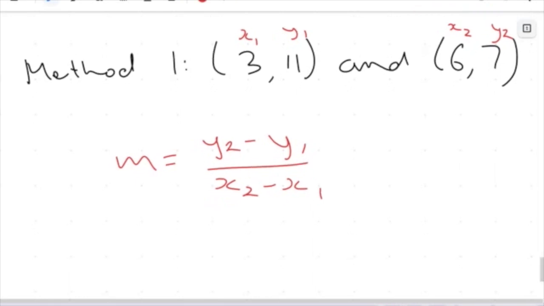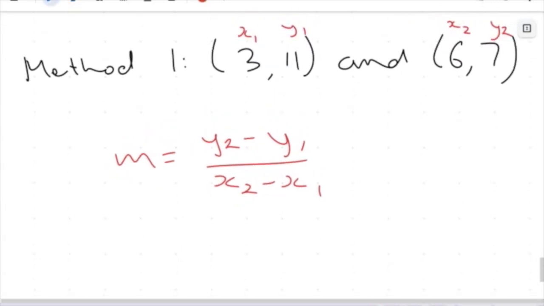Beautiful. And remember, the order here matters. So we can't, for example, subtract y1 from y2, but then subtract x2 from x1. Wherever we choose to start, we have to subtract in that same direction. So if we're doing here, for example, y2 minus y1, 7 minus 11, we have to subtract x1 from x2.